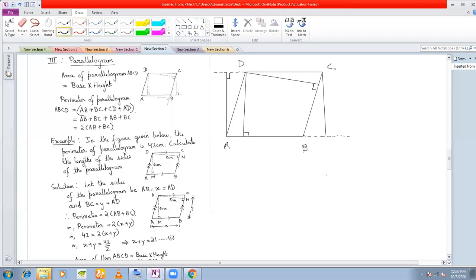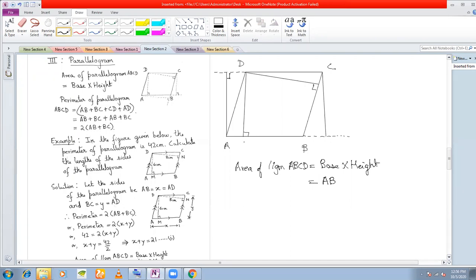All these are your heights. Now, if you consider this parallelogram, what is the area of this parallelogram? This is very important. Please remember, area of parallelogram ABCD, the formula is base into height, but you have to identify which is your base and which is your height, depending on what is given. For example, if I consider AB to be the base, then which one should be your height?